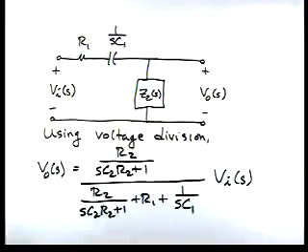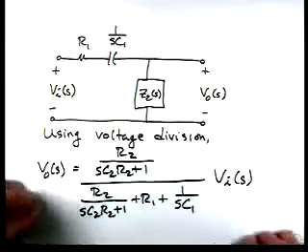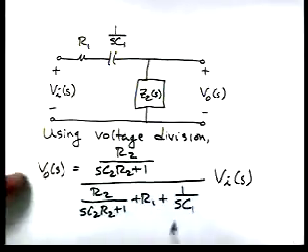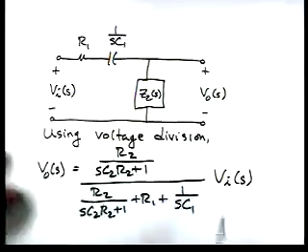Now it's just a matter of algebra at this point. We're going to have to work through the algebra to simplify and get it into a ratio of polynomials. To start off, let's get these two terms over a common denominator. Also, I'm going to divide through by Vi.